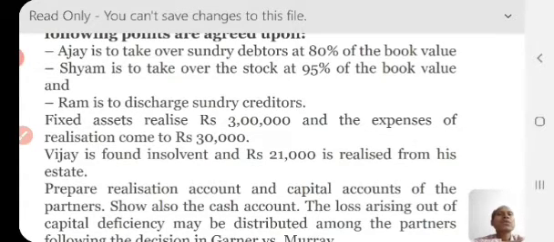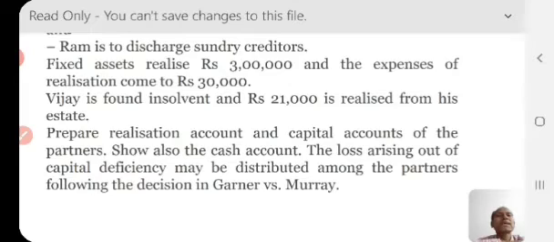Sham is to take over the stock at 95% of the book value. Ram is to discharge sundry creditors. Fixed assets realize 3 lakhs and expenses of realization come to 30,000. Vijay is found insolvent and rupees 21,000 is realized from his estate.